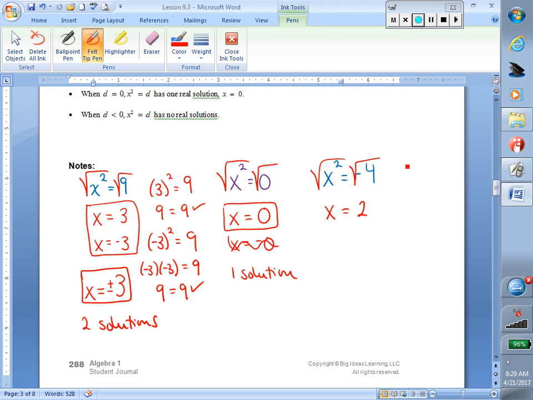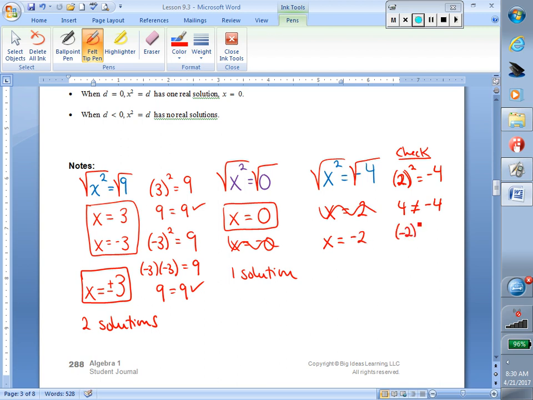Well, let's put 2 in and check. Two squared, does that equal negative 4? 2 squared is 4. That doesn't equal negative 4. 2 doesn't work. So maybe you're thinking, Miss Golly, well, let's try negative 2.